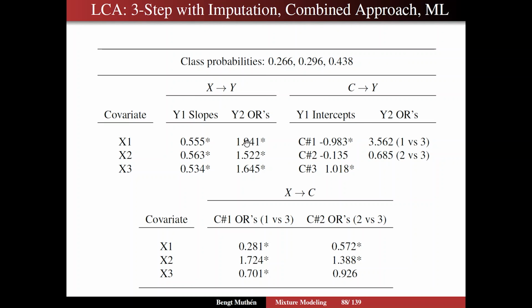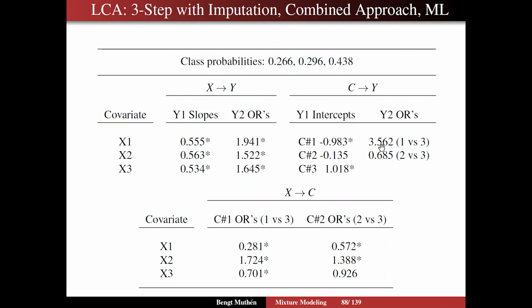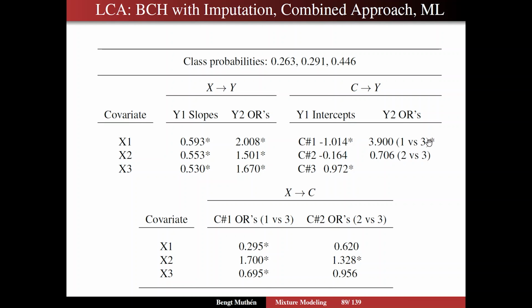And if you compare with the previous slide, there is non-significance here for this value, whereas we had significant for one step. And we actually have significance for other approaches. So here's BCH. BCH gets that significant.